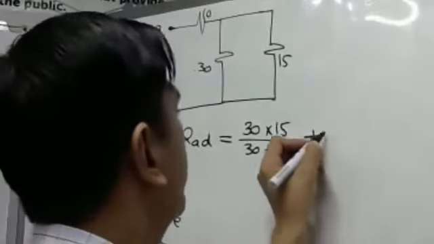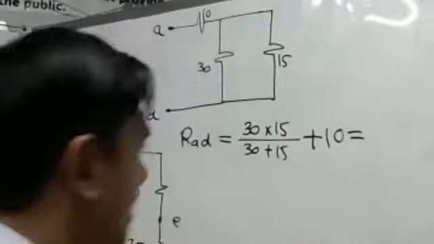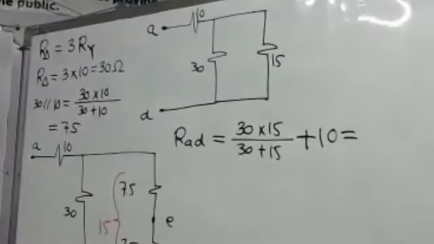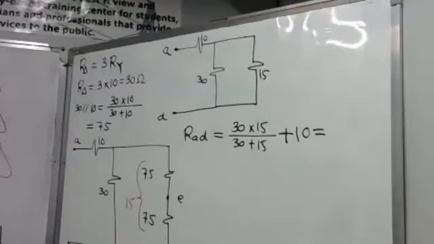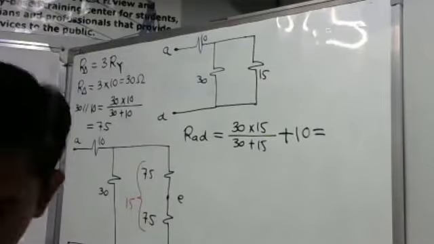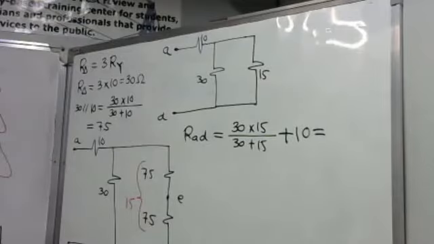So, we have to add 10. So we have 30 times 15, divided by 45, plus 10, that is equal to 20.